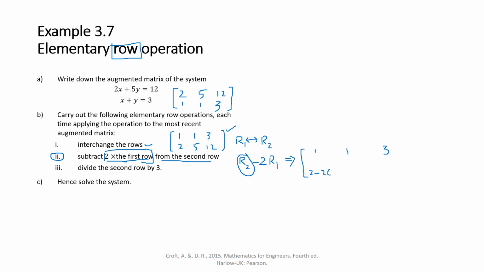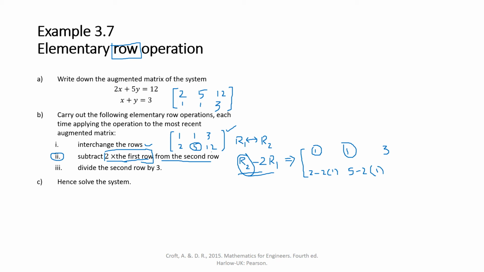The first row here has 1 element, so this is 1. Now here it is 5, so I will write 5, then minus 2 times row 1, so the row 1 here is 1, so we will write 1.